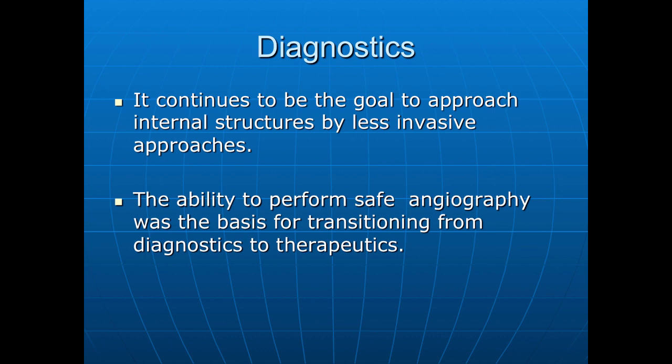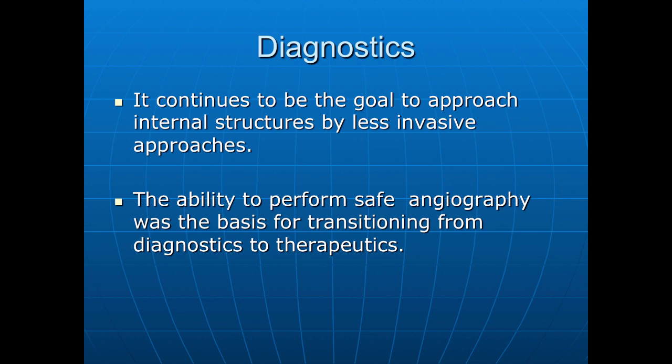As this field grows, there is more and more drive to be able to study structures of the heart, and treat structures of the heart and the cardiovascular system, by less invasive approaches. And that means procedures that once were done only in a surgical suite.